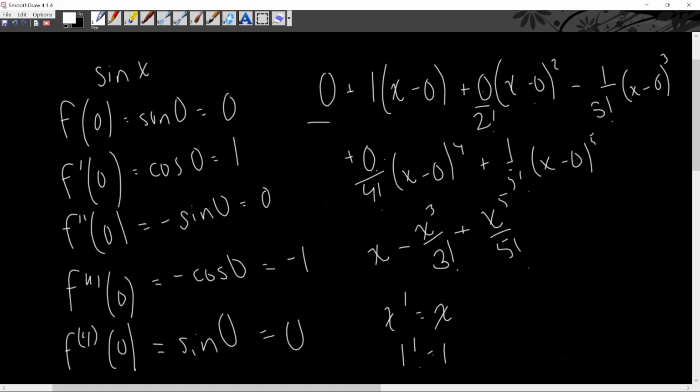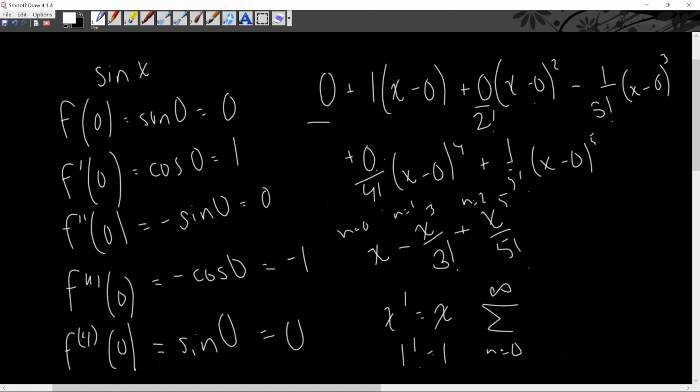So you can take a second, try and think of what this will look like, and if you have an idea, we can check. So we have sine x is equal to the sum from n equals 0 to infinity, and we'll say that this is n equals 0, this is n equals 1, this is n equals 2, right? So for n equals 0, we have something plus 1, right?